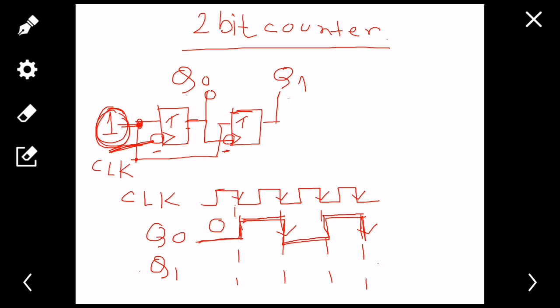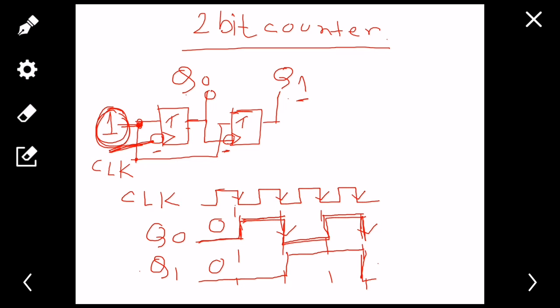Okay, so again I'm considering that the initial output at q1 is 0. So it is something like this. So there is a positive edge, negative edge, so it will toggle, and so on, until this one, then again it will toggle, and so on. Okay, whatever.